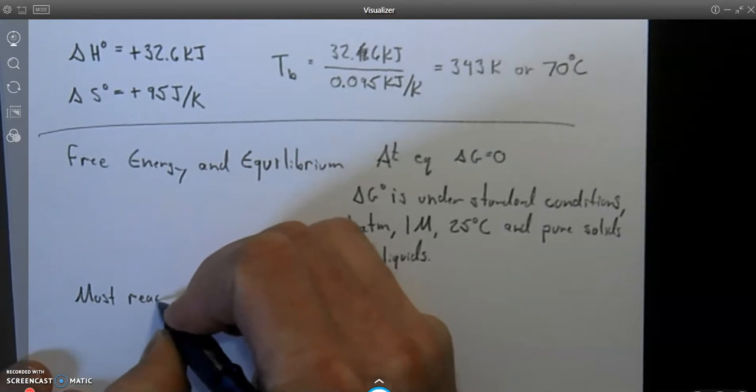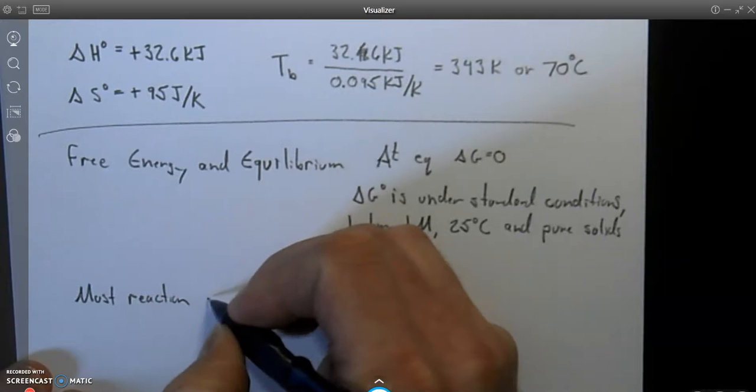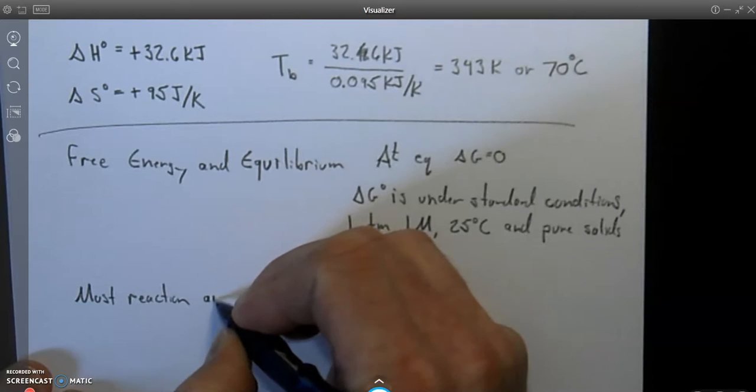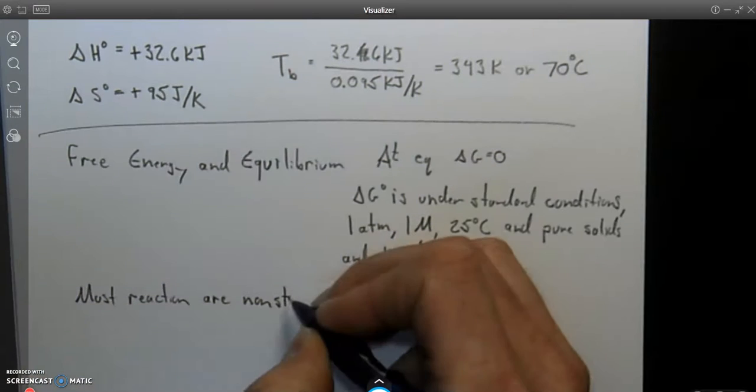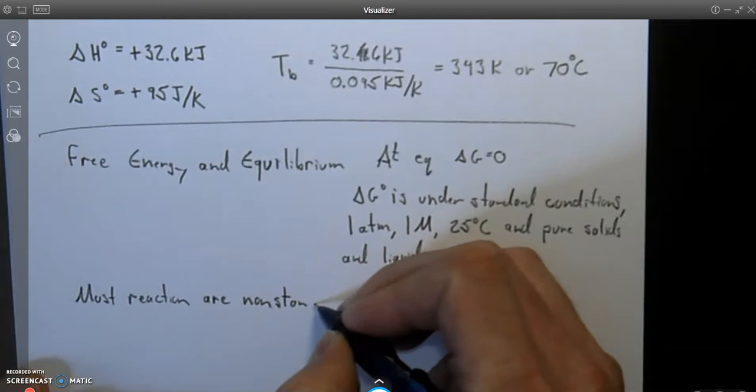Most reactions are actually non-standard.